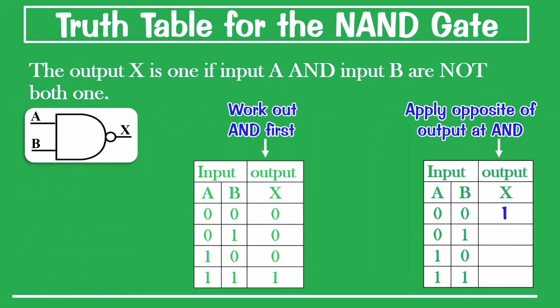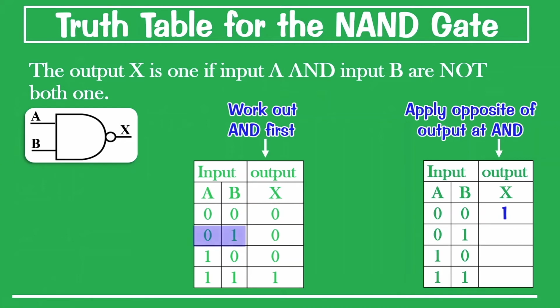If input A and input B are not both 1, meaning that 0 and 0 equal 0, that will be not 0 equal 1.